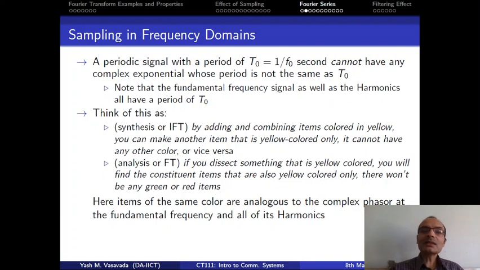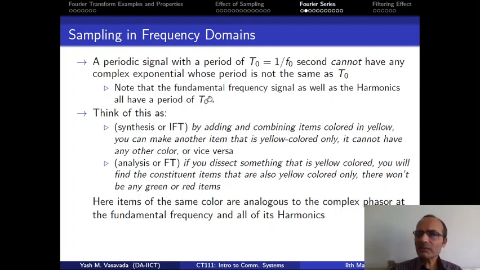In other words, the constituent complex exponentials that together make up this periodic signal with period T0 all need to have a period of T0 also. You cannot make a periodic signal with a period of T0 by using some other periodic signals whose period is not T0.